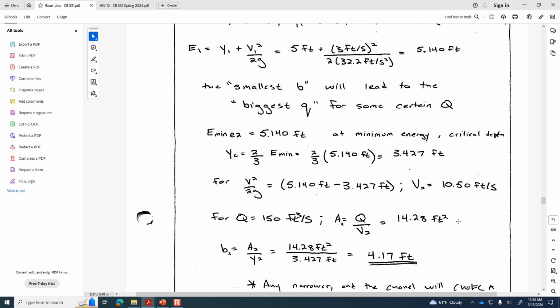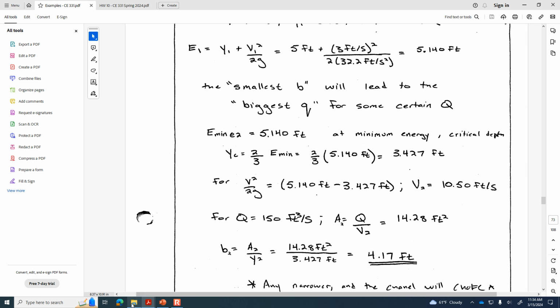So 4.17 feet. That's kind of a long sequence of if-thens. If you know the velocity, then you can know the flow rate, and so on. But any narrower than 4.17 feet, the flow per unit width is too big, and the flow will choke. So that's as narrow as the channel could get. So let's look.